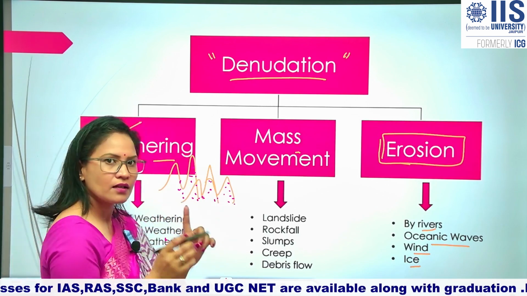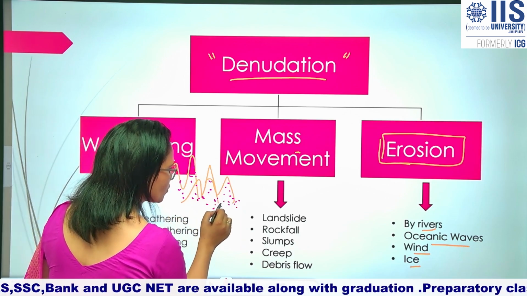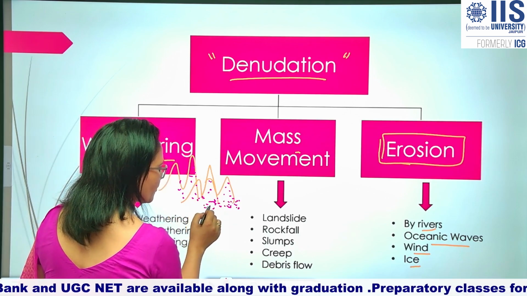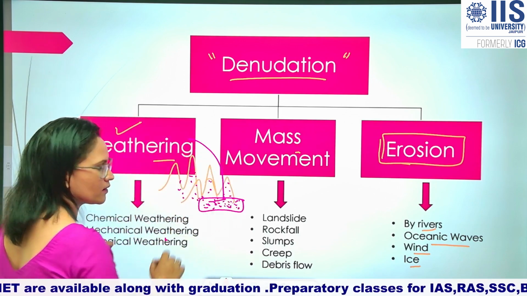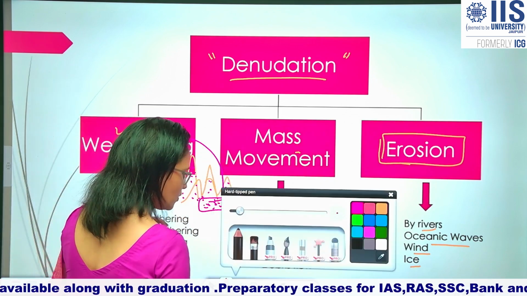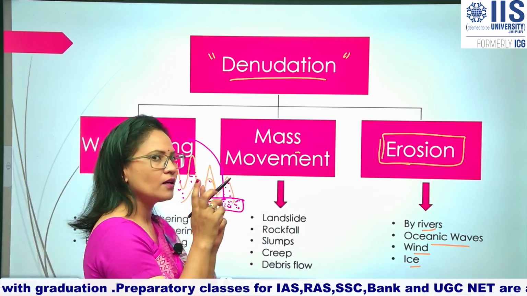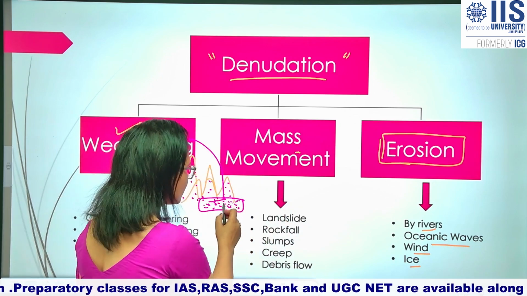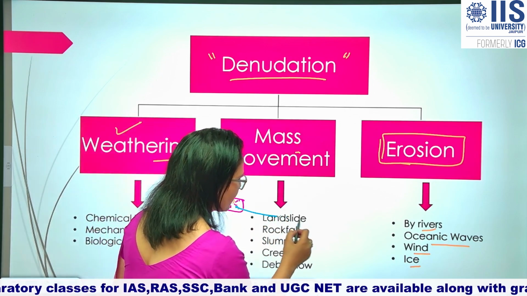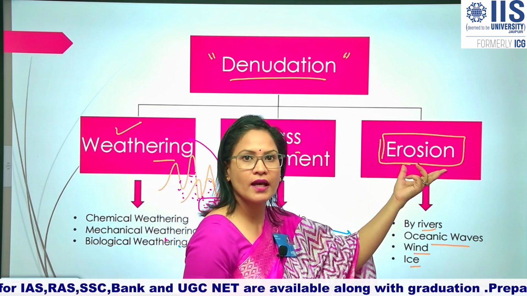If the disintegrated material settles down in the foothill zones of the mountains, then it will be known as weathering, right? But if this disintegrated part is displaced from this region to some other regions, then it will be known as erosion.